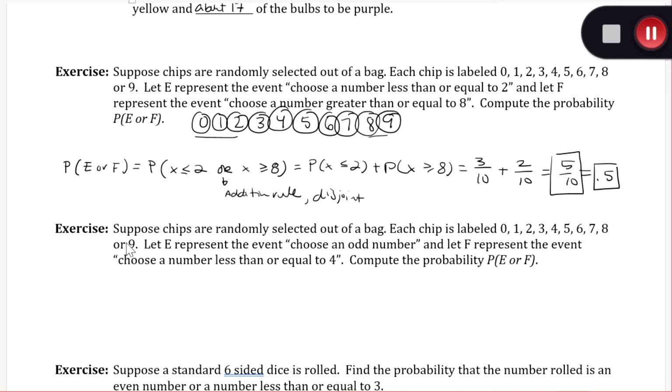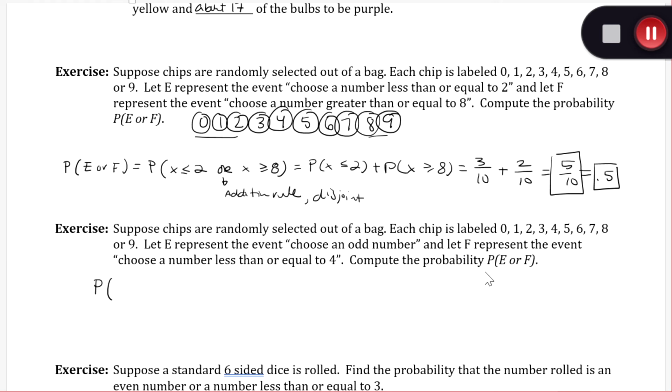Okay. Suppose chips are randomly selected out of a bag. Each chip is labeled the same as before, 0, 1, 2, 3, 4, 5, 6, 7, 8, 9. Let E represent the event choose an odd number, and let F represent the event choose a number less than or equal to 4.